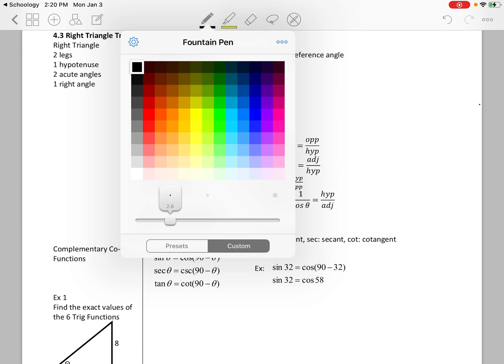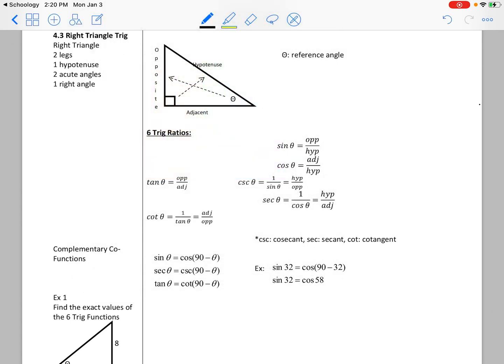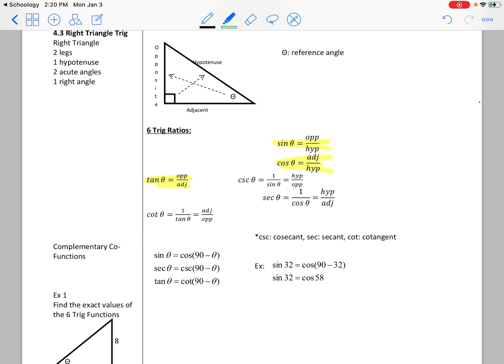So we have sine, which is opposite over hypotenuse. Cosine is adjacent over hypotenuse. Tangent is opposite over adjacent. Now, it didn't print out very well here, but we're also going to talk about the reciprocal ones.